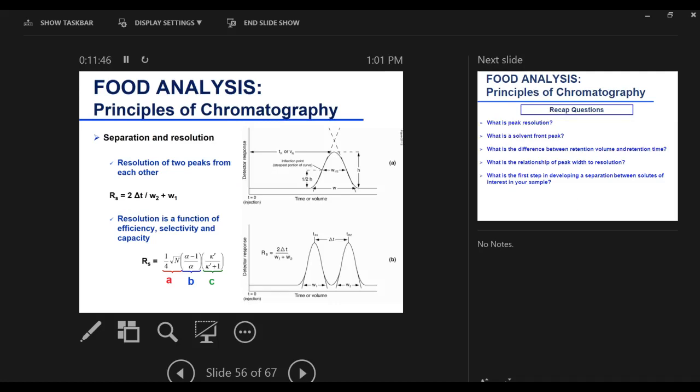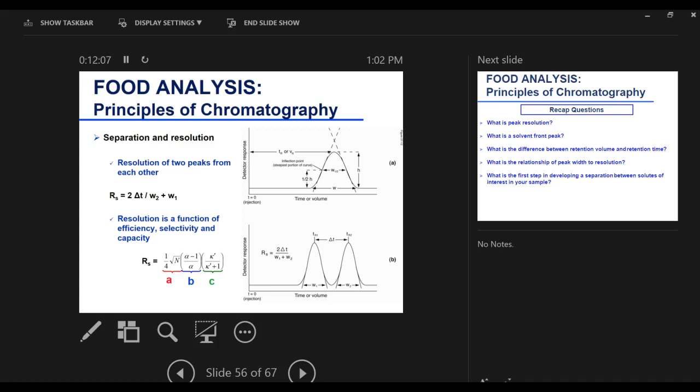Okay, so I'm going to use the concept of resolution in a mathematical manner and look at the different factors impacting resolution. Resolution, by definition, in simple terms, means the separation of two peaks, or resolving two compounds from each other.